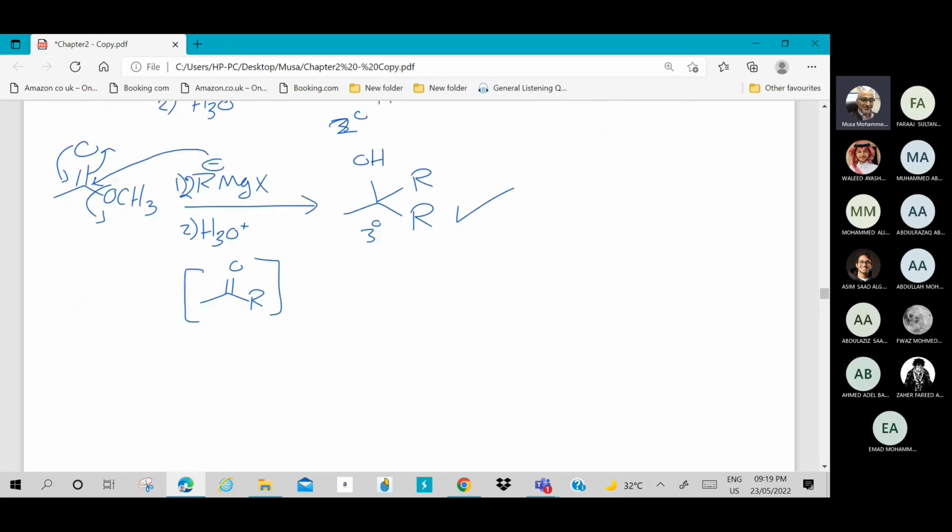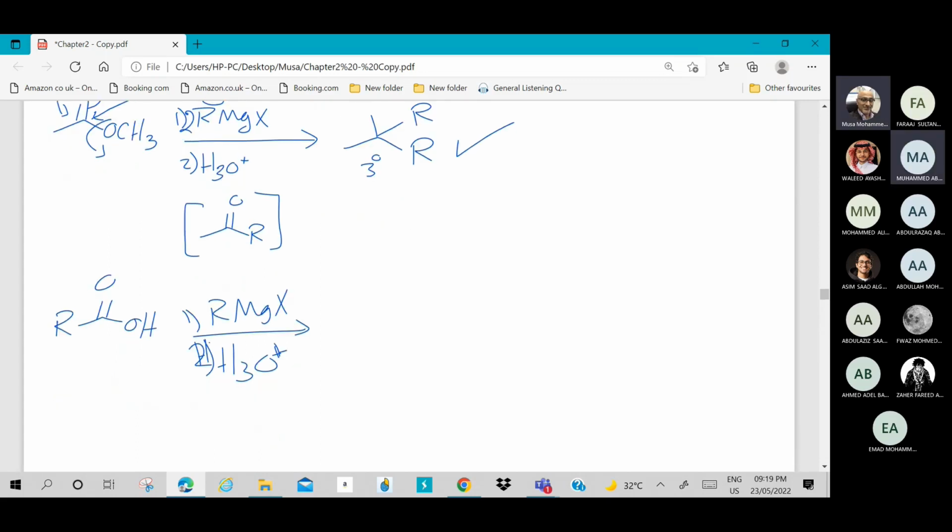Can we do this reaction with carboxylic acid? RMgX, second, H3O plus. Can we do it with the Grignard? Can we do this with carboxylic acid? No. We cannot, because this one has active hydrogen that will destroy Grignard.